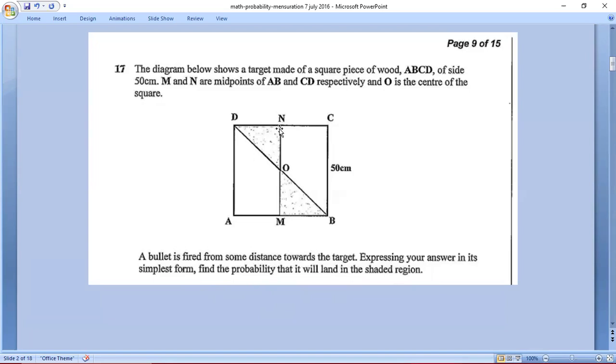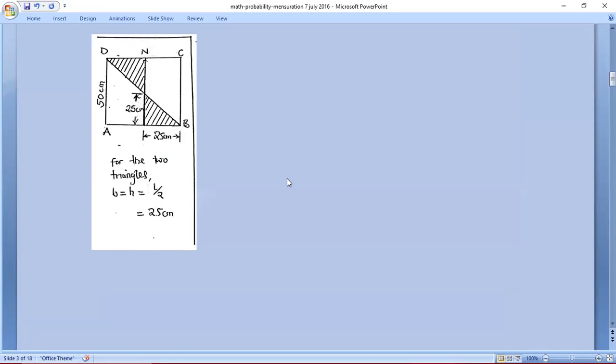What's the likelihood that it will land in this region? Simply, the way to calculate probability is to find the desired outcome, which is it landing in this shaded region, divided by all the possible outcomes. That's how we calculate probability.